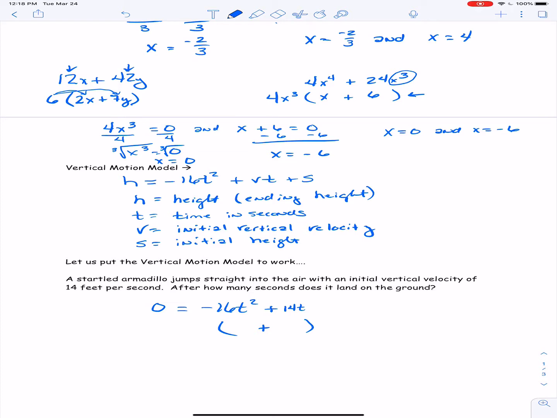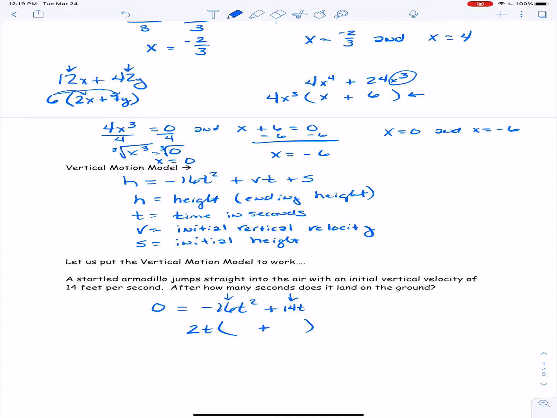What is the greatest common factor that I have between 16t squared and 14t? Well, the only factor that our two coefficients have in common is 2. So I can take a 2 out. And I have a t in both of these. So my lowest t is t to the first power, so I can take t out.